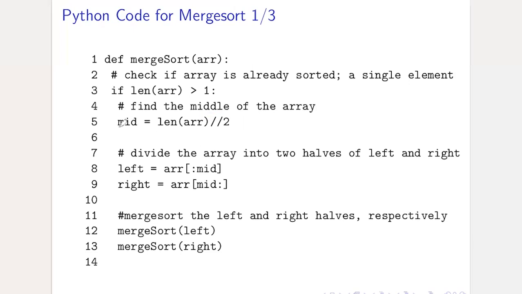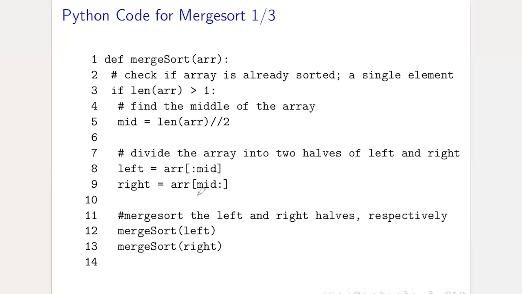Then with the midpoint decided, you will create two arrays, a left side array from the start to the midpoint. So you are familiar with this array partitioning notation of Python already. And then this is the right hand side, which is defined by giving the array partitioning operation mid and the colon to indicate that this is the range of indexes.